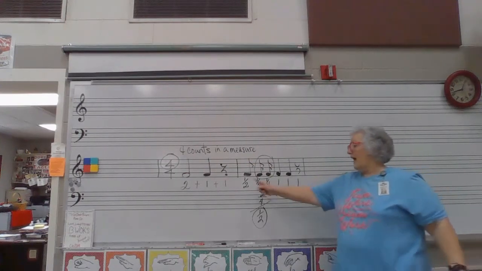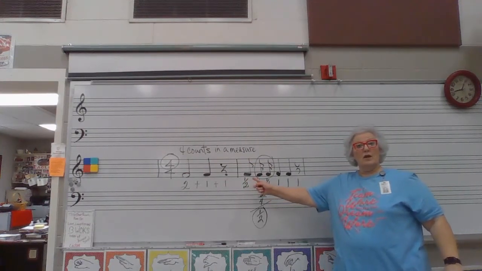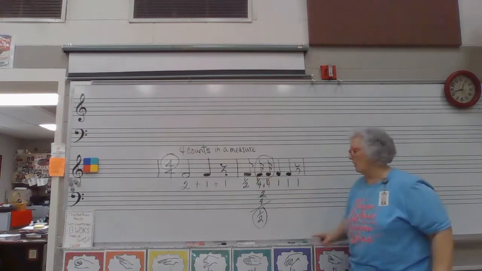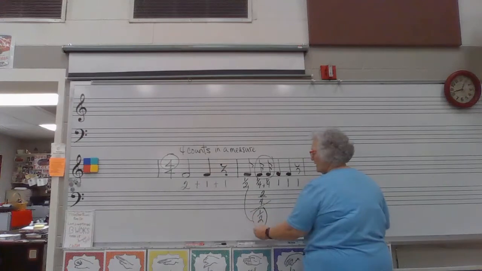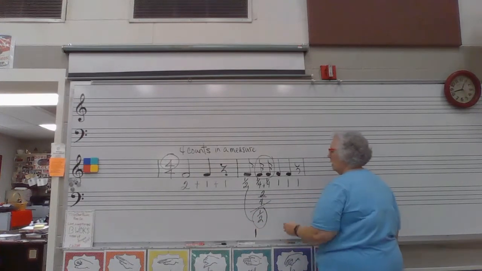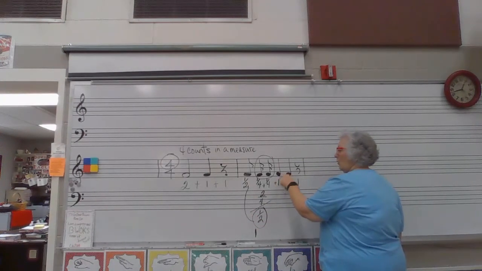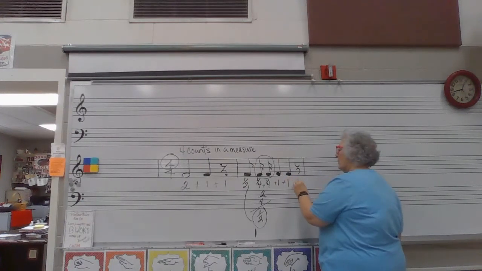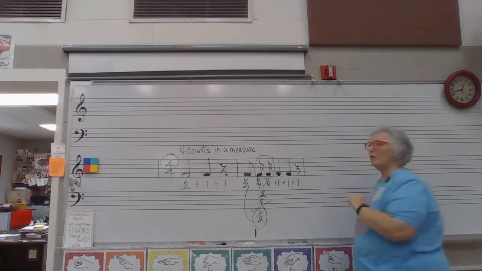Well, we've got a half over here with our 8th note, plus a half right here with 2 16th notes. So together, these guys equal 1 count, plus 1 quarter note count, 1 more count of a quarter note, and 1 more count of a quarter rest.